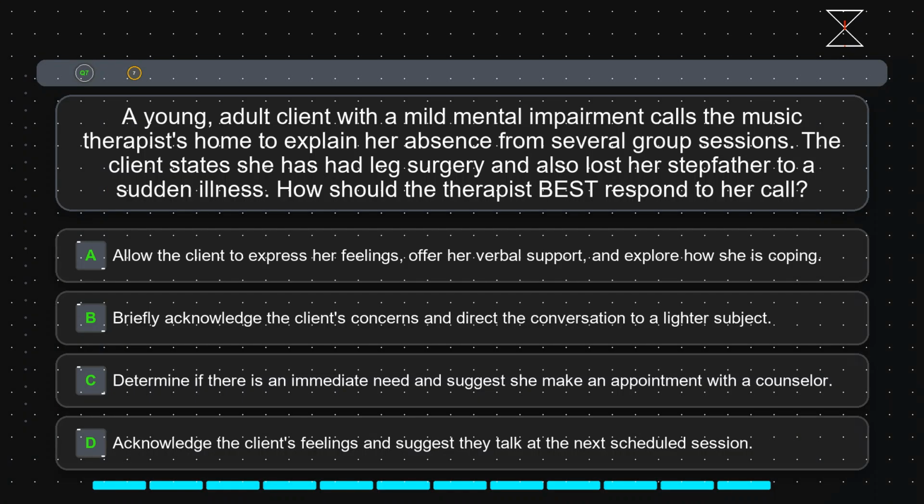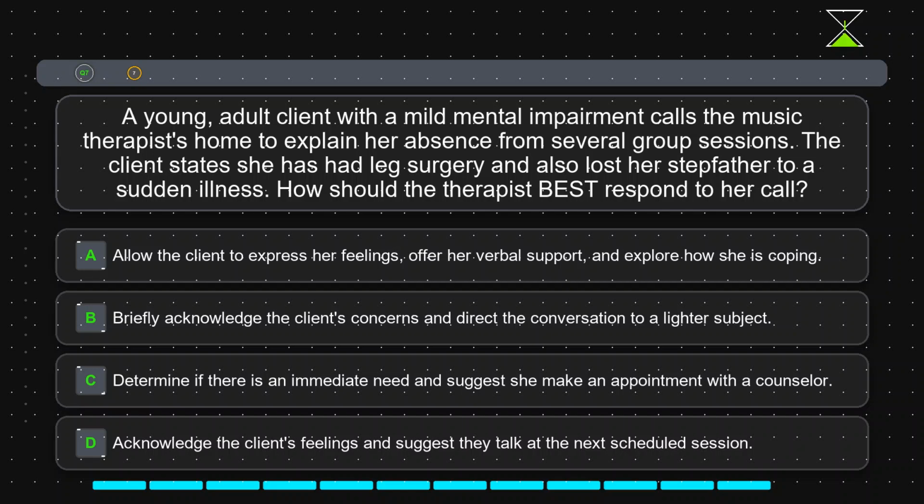Question 7. A young adult client with a mild mental impairment calls the music therapist's home to explain her absence from several group sessions. The client states she has had leg surgery and also lost her stepfather to a sudden illness. How should the therapist best respond to her call? Option A, allow the client to express her feelings, offer her verbal support, and explore how she is coping. Option B, briefly acknowledge the client's concerns and direct the conversation to a lighter subject.